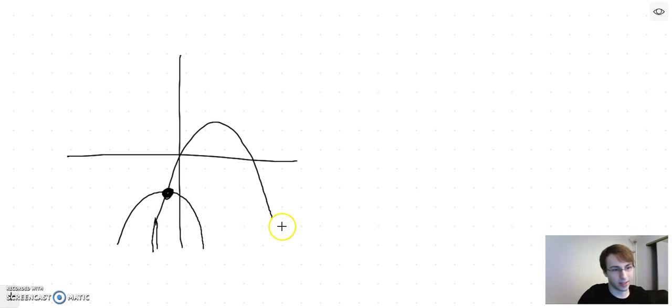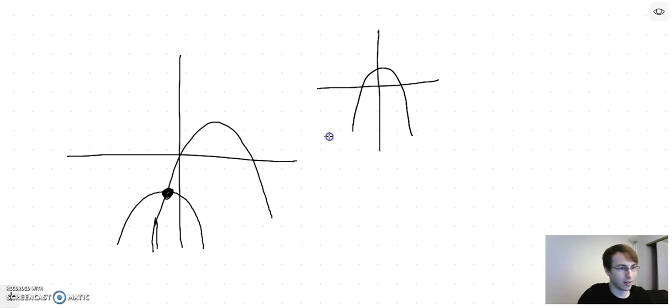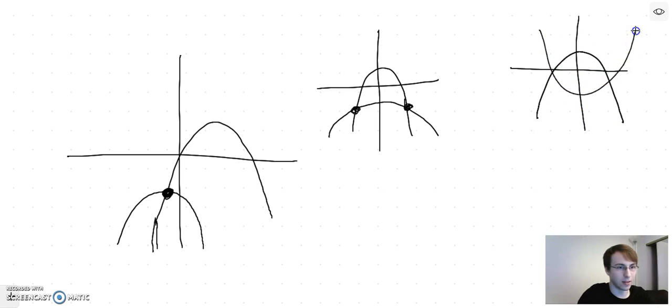Maybe they don't intersect elsewhere. Or maybe you've got two parabolas that intersect at 2 points. Maybe there's one that goes like this, and then another goes like this. Or maybe there's one that goes like this, and then another goes like this.